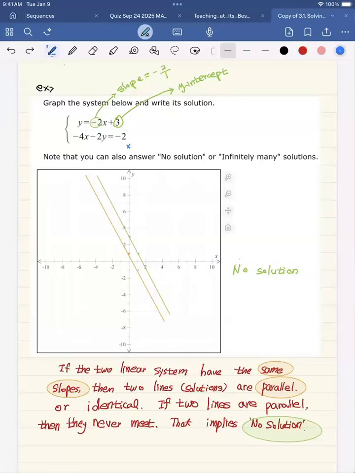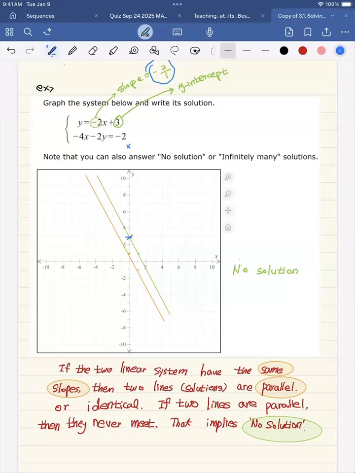In this problem, we want to graph the system and write its solution. Let's figure out what the graph looks like. The first one is in slope-intercept form. Slope is -2/1, and y-intercept is 3. So we mark a 3 here, and the slope is -2/1.